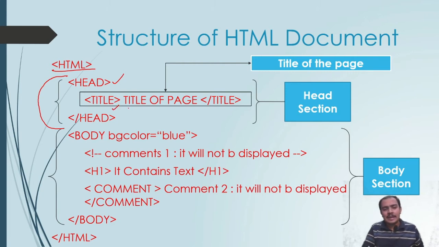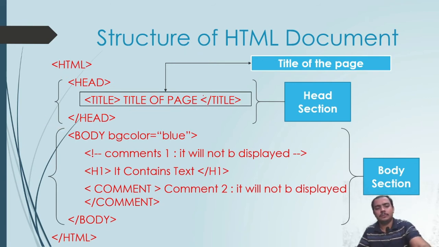Well, this title tag carries the title of your page. It means it will carry the text or content that will be displayed in the title bar of your web browser. And for marking the end of the title, we simply close it with the slash symbol. Now, in this head section, we will store just a few things.